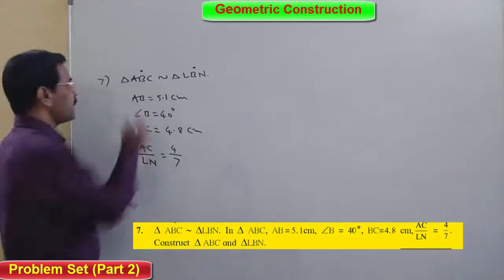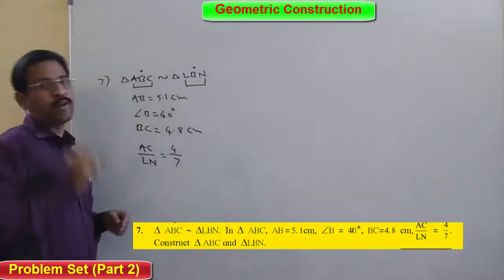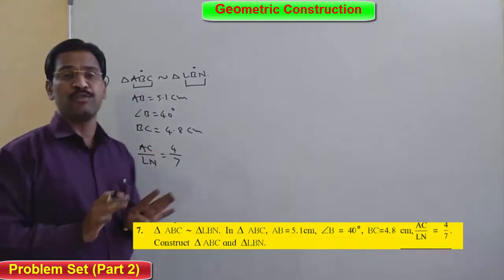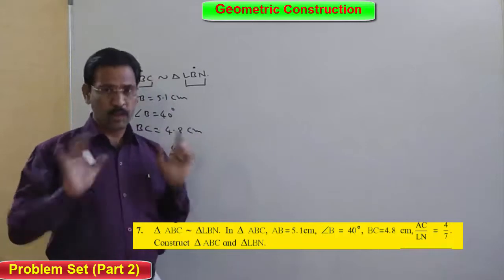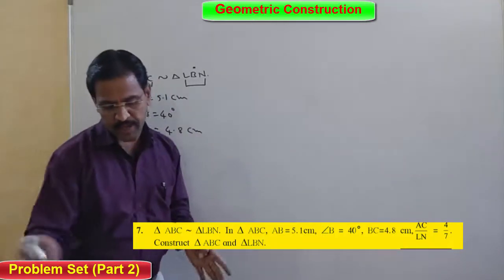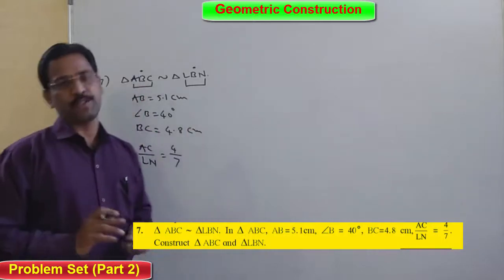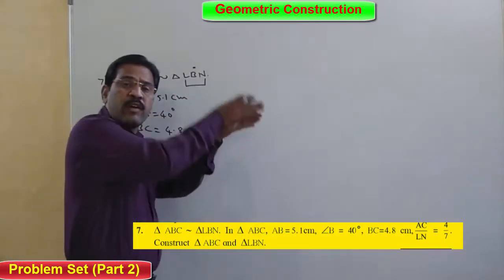See here, this AC and LM are corresponding sides. By this information we are going to draw the 2 similar figures. So construct the 2 triangles, ABC and LBM. These 2 figures must be on each other.